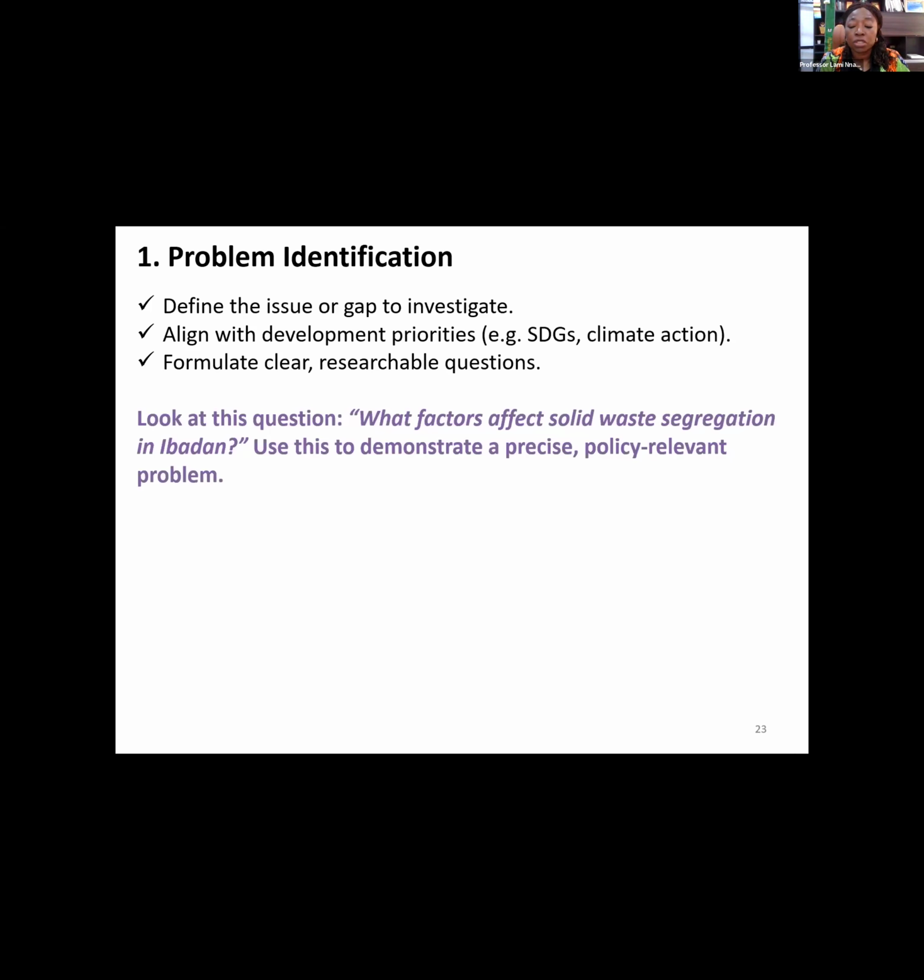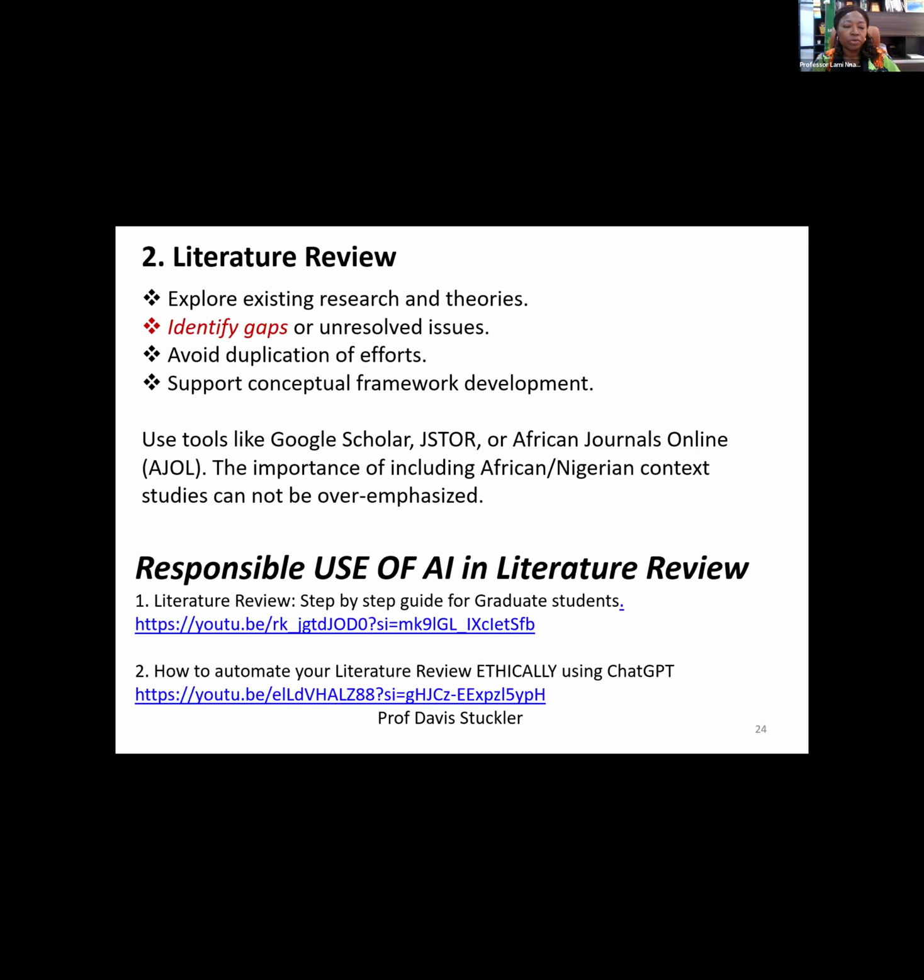What's the methodology? What are you going to do about this? You know, and so you identify a problem and then you see it. Remember, we said that problems are usually identified when you do a literature review. So literature review means you are exploring existing research, identifying gaps or unresolved issues. Try to avoid duplication of efforts, except where it's extremely necessary.